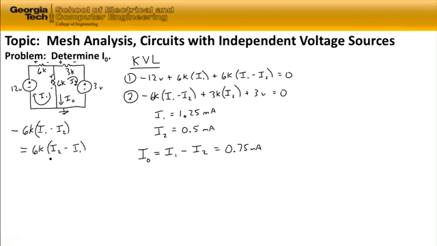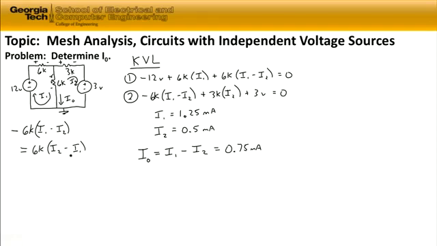Okay? So as we go around this loop, let's look at it again. If we start here at the lower left-hand corner and we start up this loop, and this is our first voltage drop we encounter in the second loop, this loop around the right-hand side of the circuit, it's equal to 6K (I2 minus I1).